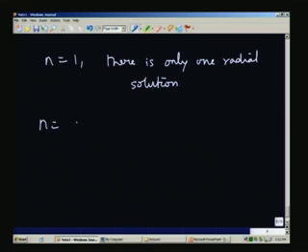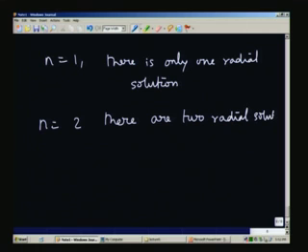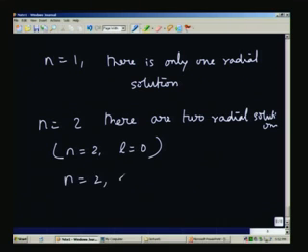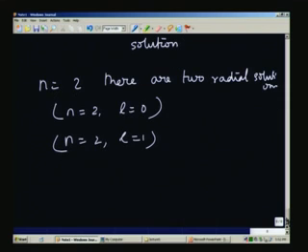For n equal to 2 there are two radial solutions. Namely corresponding to n equal to 2, l equal to 0 one set, and n equal to 2, l equal to 1 another set.